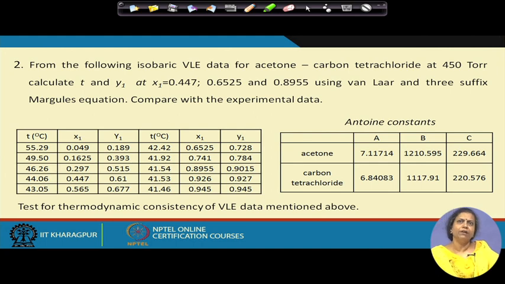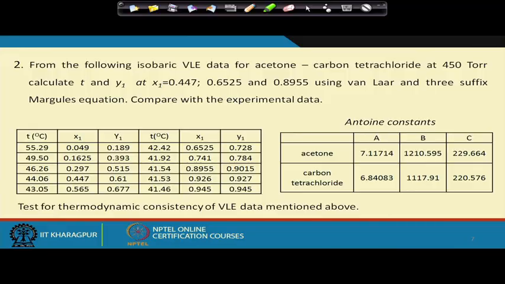If you recall that we have done a large number of problems in the last class regarding generating pxy data, txy data, etc. Now, it is very important for you to test whether those data were thermodynamically consistent or not. So, we are taking up one particular problem from this set of problems that we had.